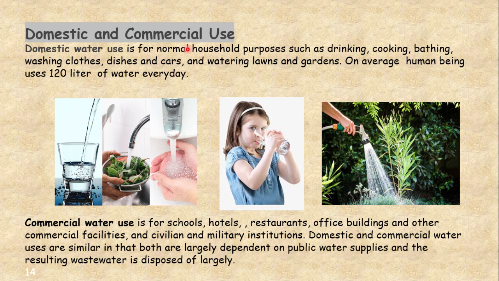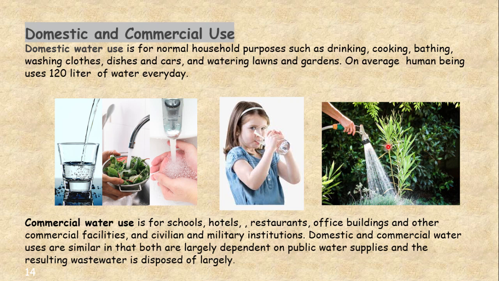Domestic and commercial use of water. Where we use water at home, you have to make a list of the uses of water. First, we use the water for drinking purpose and other household activities. Which other household activities? Like washing clothes, washing dishes, washing the car, watering the lawn and garden.